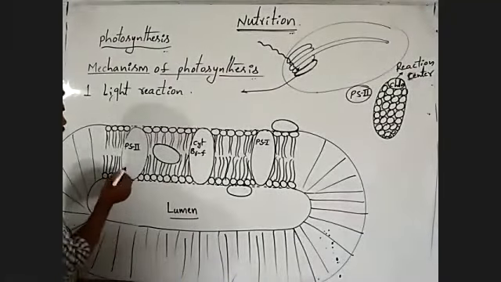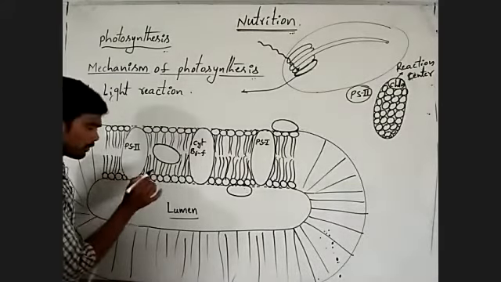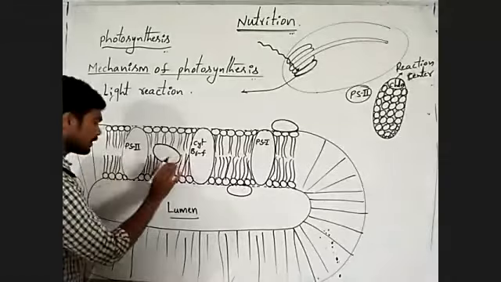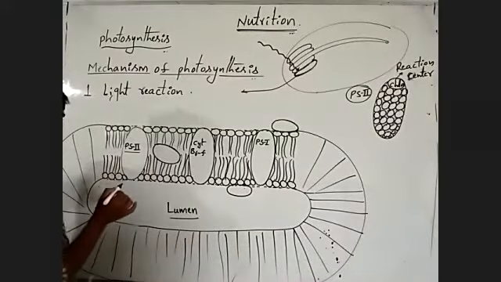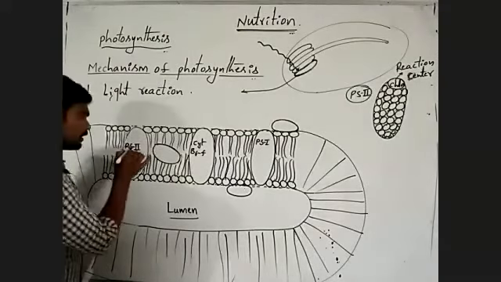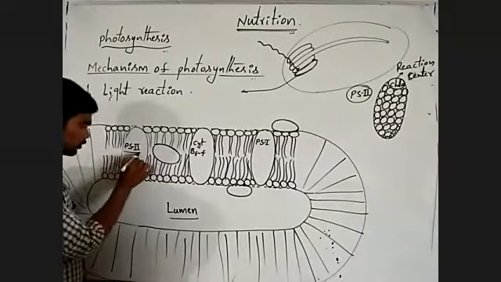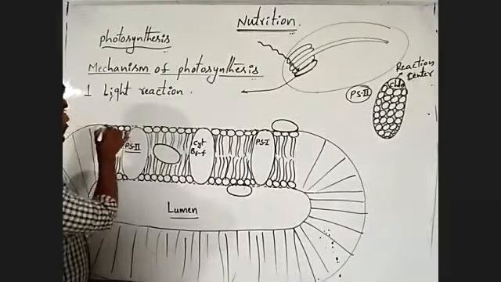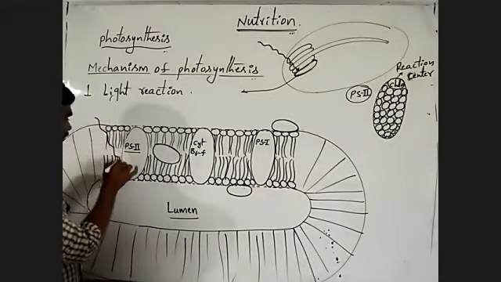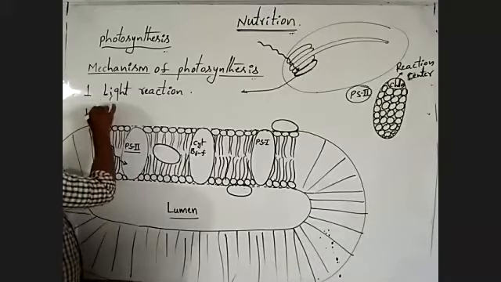The photosynthetic pigments present on the thylakoid membrane, in photosystem 2, receive the sunlight energy.